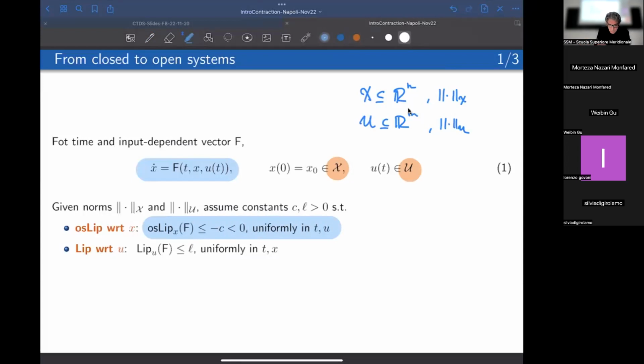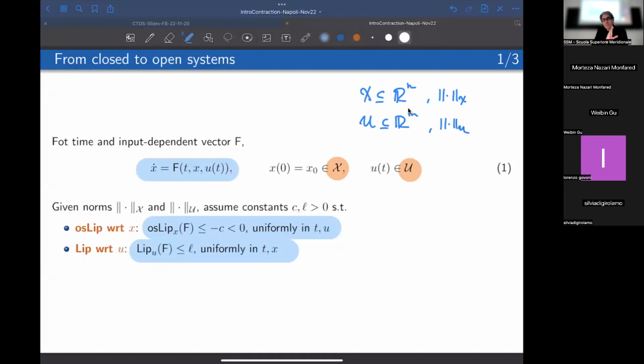Separately, we also need to assume Lipschitzness with respect to the input. In other words, we need to ensure that there exists a positive number L, upper bounding the Lipschitz constant of F with respect to U, and this upper bound must be uniform in time and state, so with respect to T and X. Maybe I'll give you more intuition for the Lipschitz.